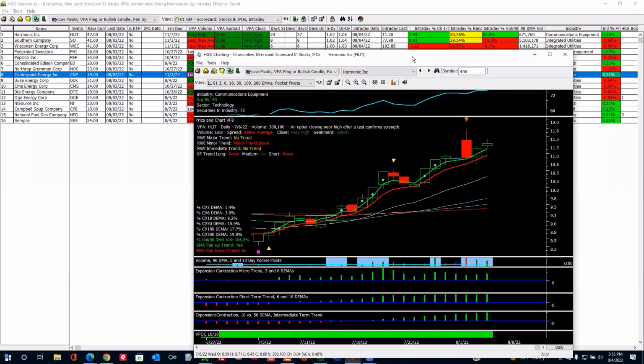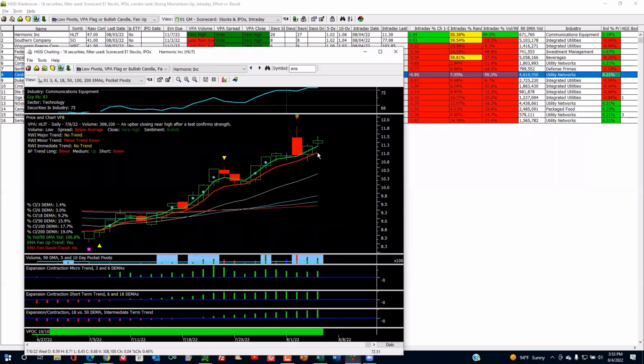I made some minor changes, but anyway, here's a good example of a stock that's in an uptrend. Here's the low pivot compared, because it's lower than that, and this high is lower than the high from the prior day. This would have been a buy today, a cheater buy. It didn't take out the high from the prior day, but it took out the high from today.